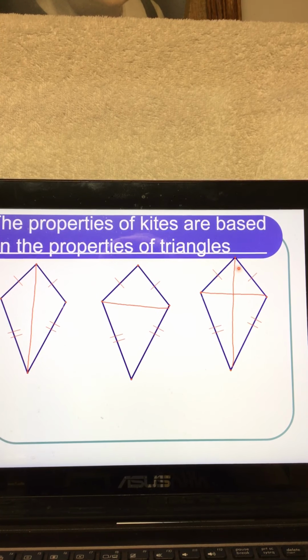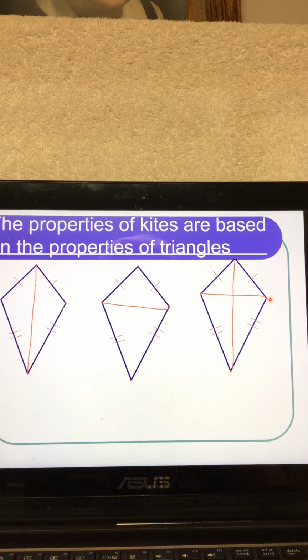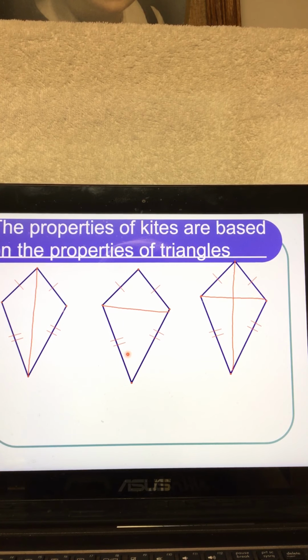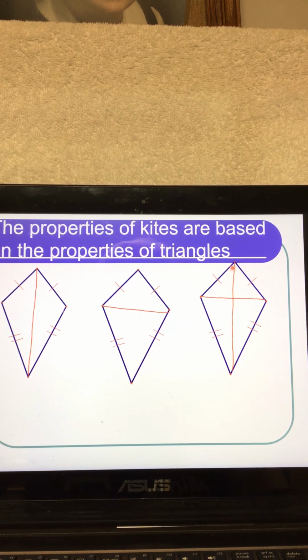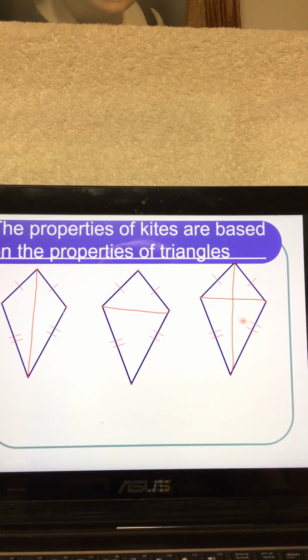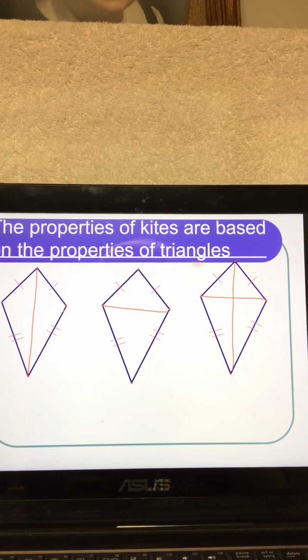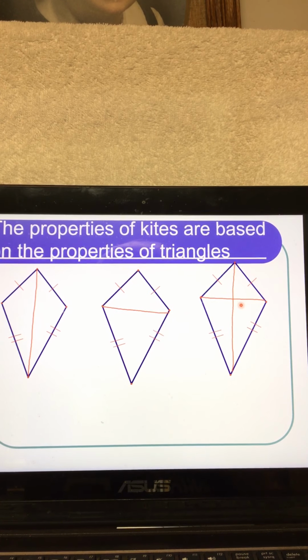You are used to seeing the diagonals when you fly a kite, because those are like the braces of your kite. So think about, when I put in one diagonal, I get two triangles. When I put in another diagonal, I get two triangles. And when I put in both diagonals, I'm getting four triangles. And so we're going to use the idea of triangles to help us figure out what's going on in these kites.